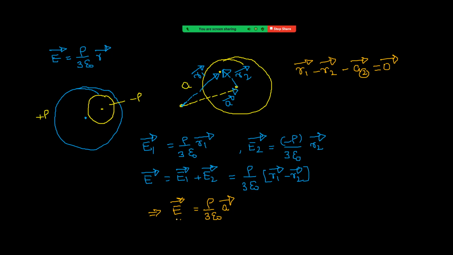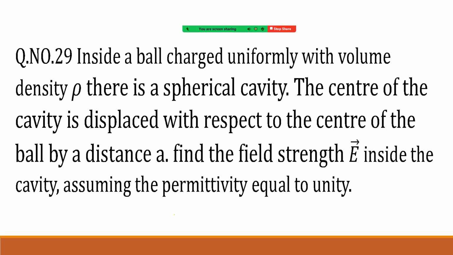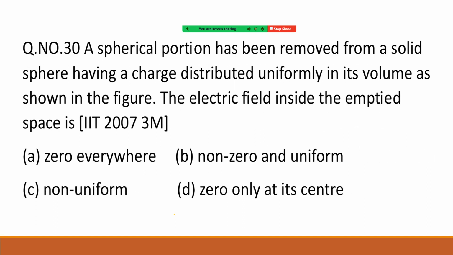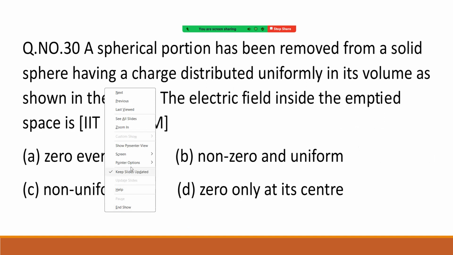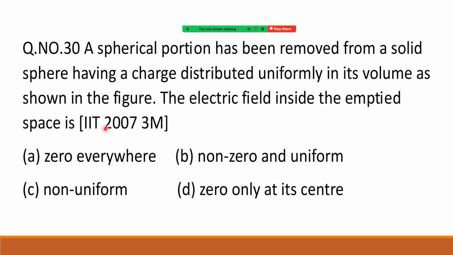Based on this point, two questions have been asked in previous IIT papers. Let us see those two questions. This one is from 2007, asked for 3 marks. A spherical portion has been removed from a solid sphere having a charge distributed uniformly in its volume, as shown in the figure.